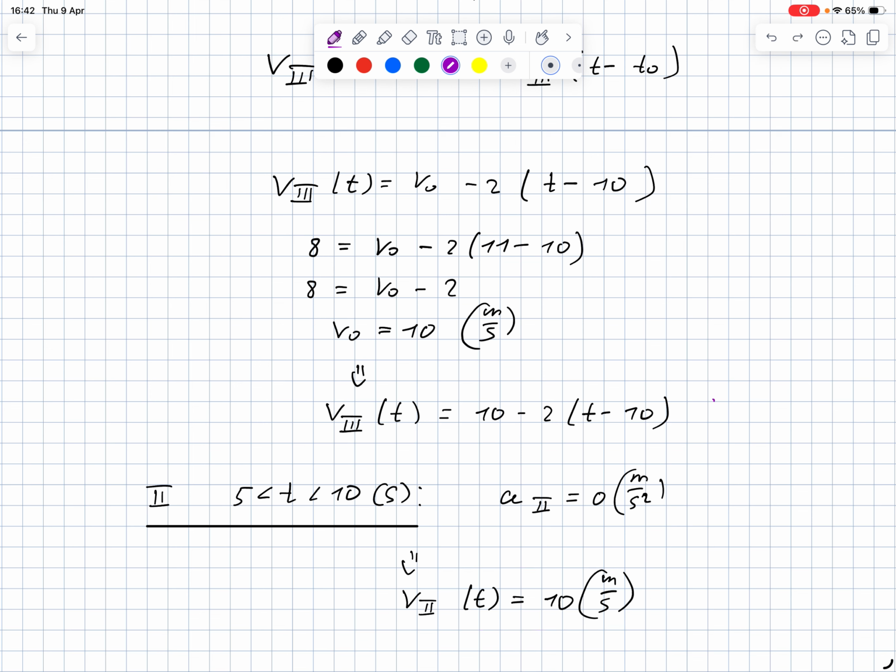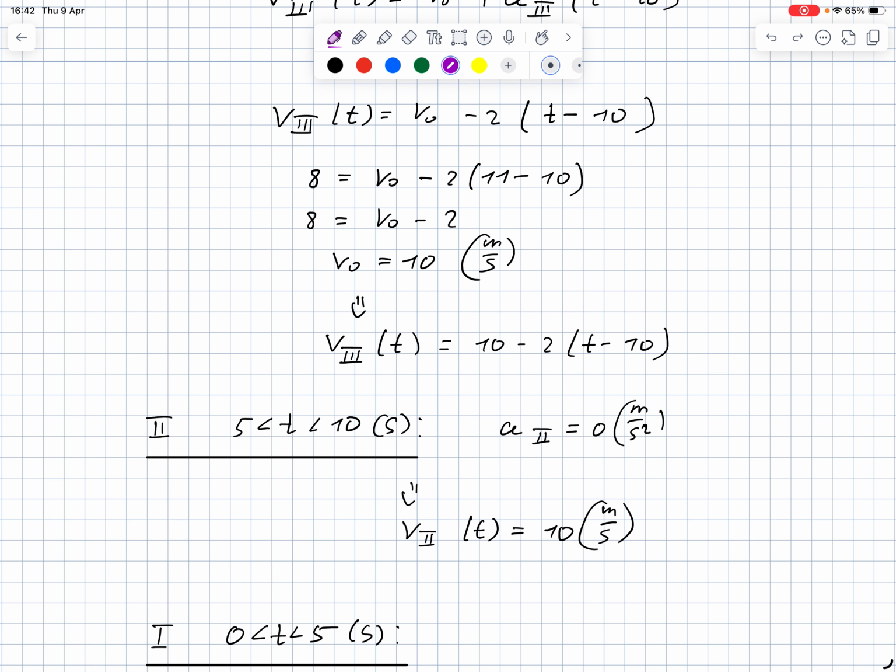If I look at the previous expression of velocity and substitute t by 10 seconds, we get 10 meters per second, which is the initial velocity for the third interval, but is also the final velocity of the second interval. However, in the second interval of time, because we do not have acceleration, the velocity will be constant.